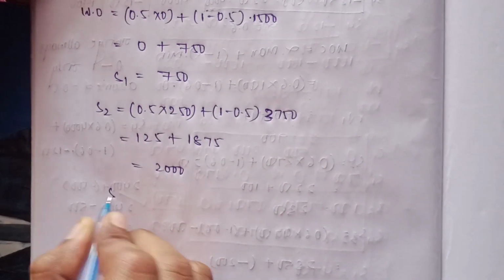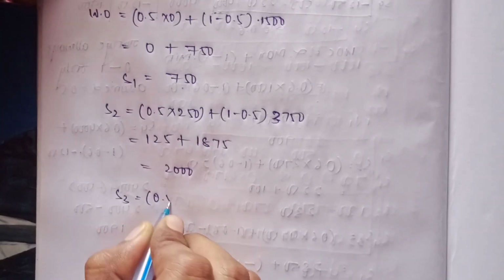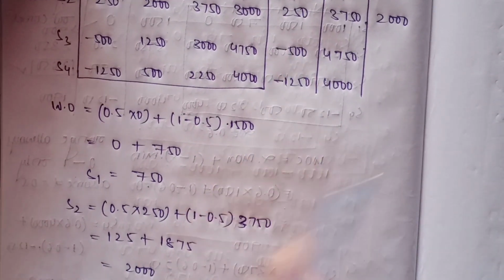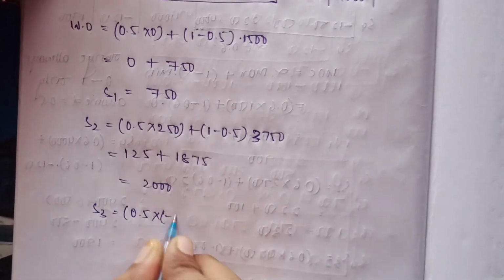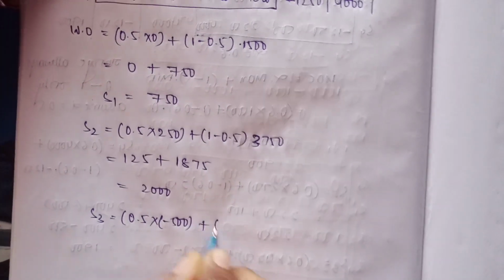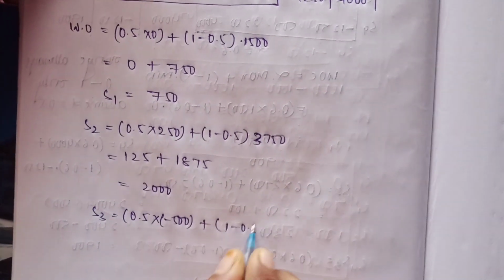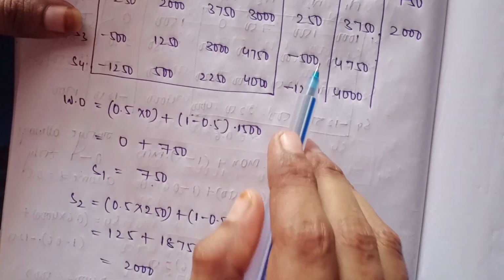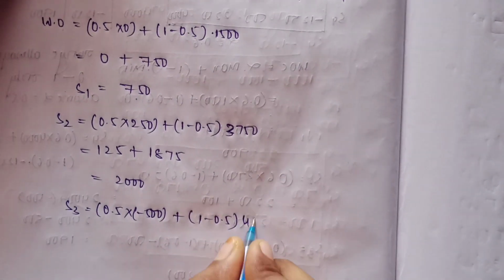And here the S3 is equal to 0.5 into minimum value minus 500 plus 1 minus 0.5 into maximum value 4750.